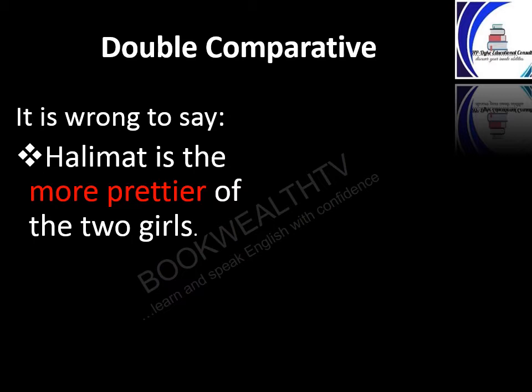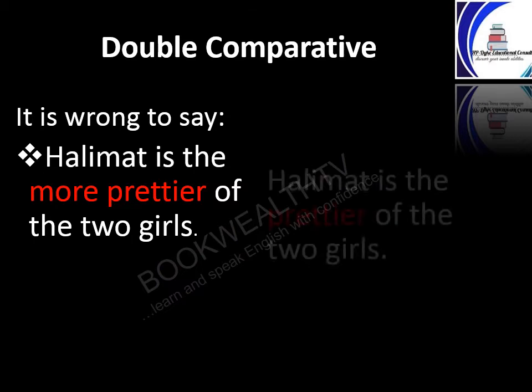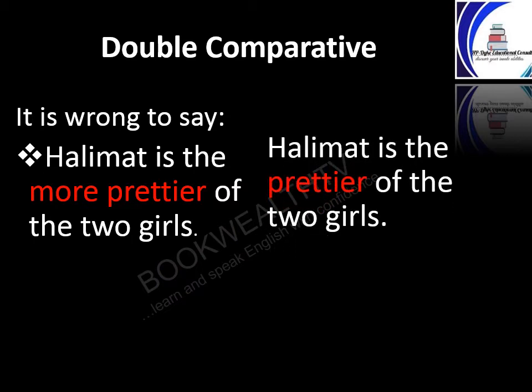So using two comparative forms side by side is wrong. The correct thing to say is Halimat is the prettier of the two girls. Of course, the comparative and superlative much and most are used with the positive form of the adjective, never with another comparative or superlative form.